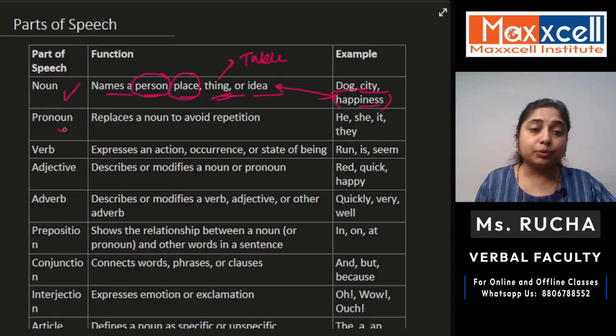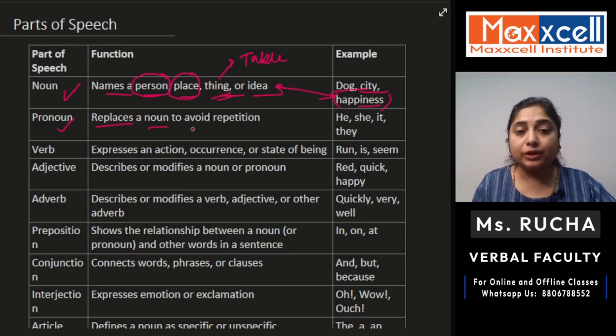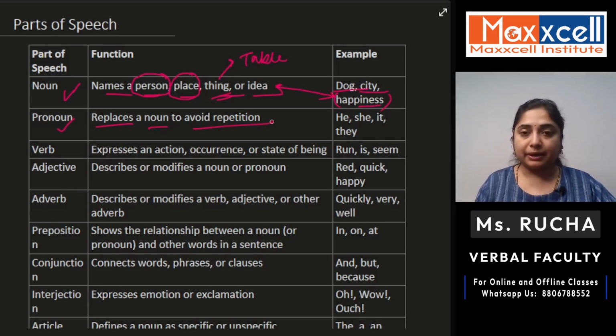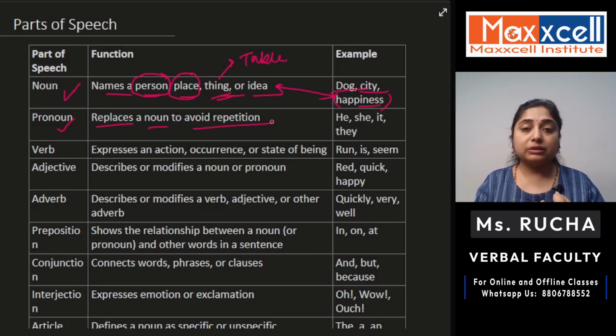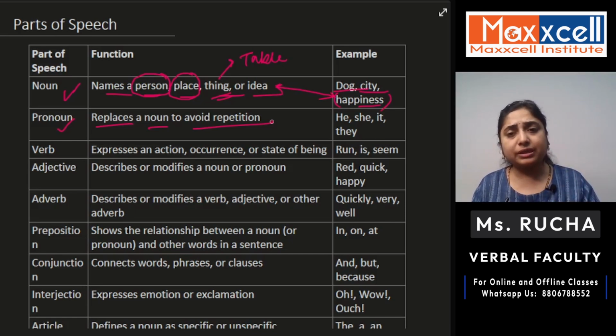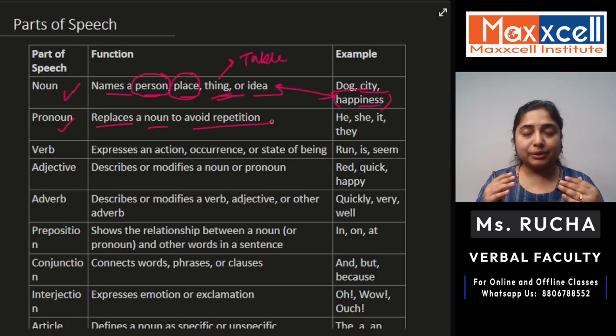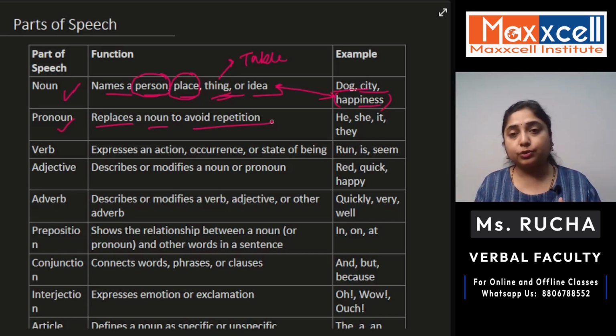Now next is pronoun. Pronoun is what? Something that replaces a noun to avoid repetition, to break monotony. If I constantly use the name Rohan in an entire paragraph, Rohan likes to play football, Rohan likes to sing classical songs, Rohan is not very good in studies, Rohan stays in UK. Continuously using his name becomes very monotonous either to read or hear.